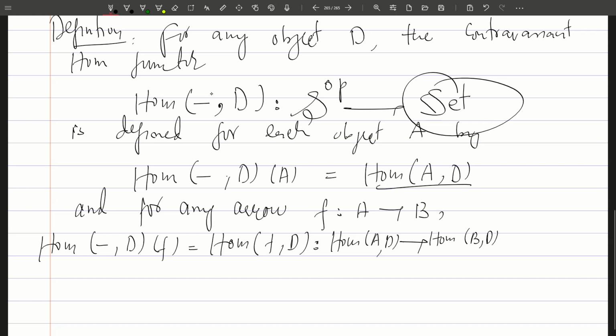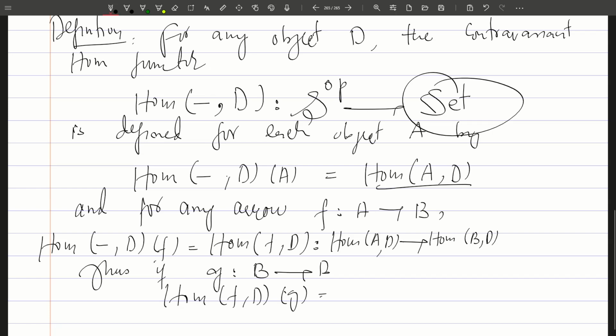So it takes an arrow, say g from B to D, then Hom(f, D) of g is actually g composite f. So the situation here is like this.